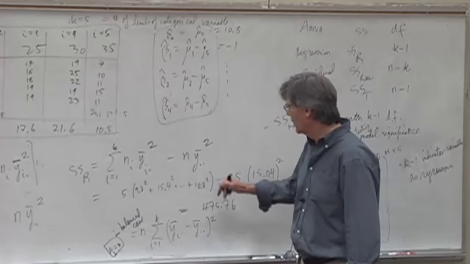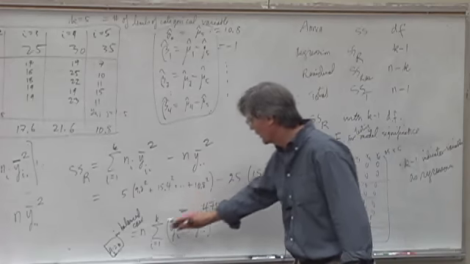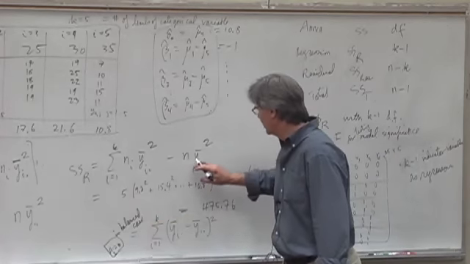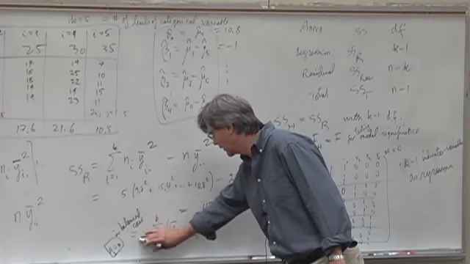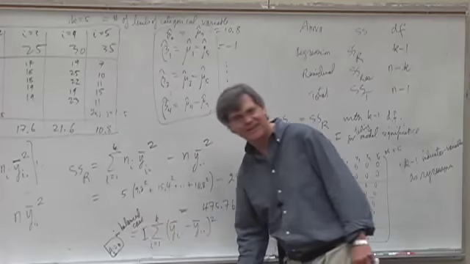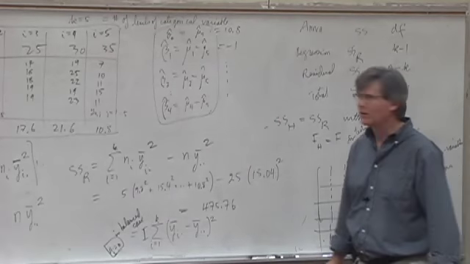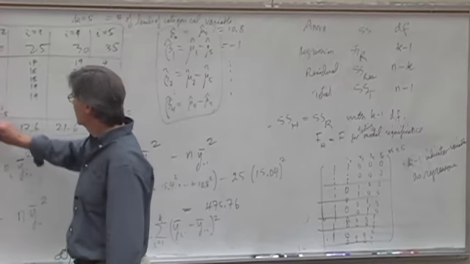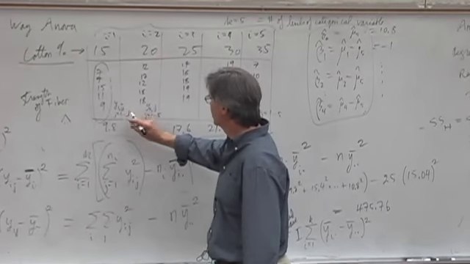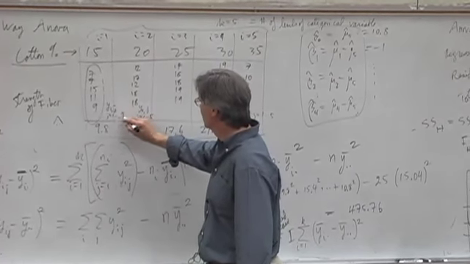This should have been the total n, and I'm sorry, there's a different n here. I usually call it I, the number of treatment levels. J goes from 1 to 5. Well, I usually call it capital J, I guess.